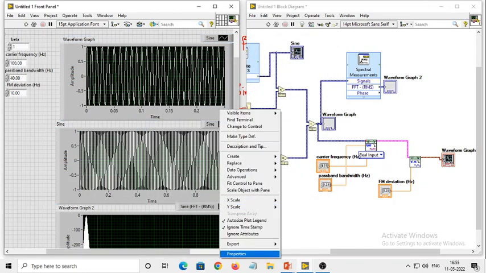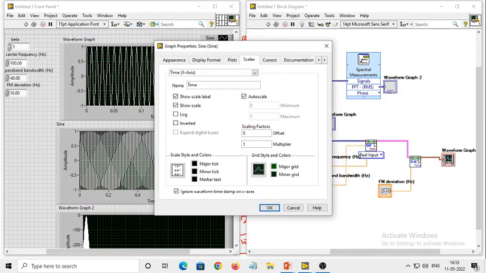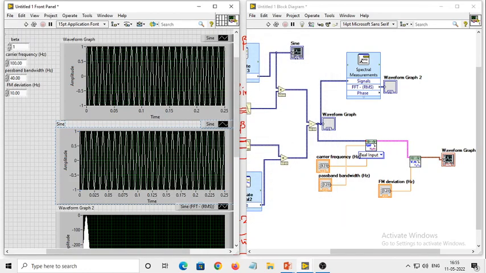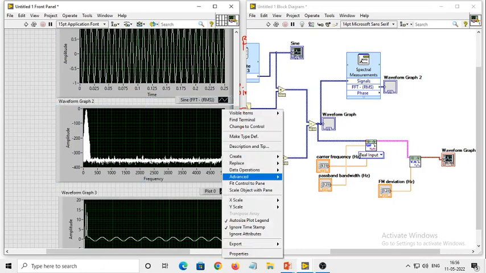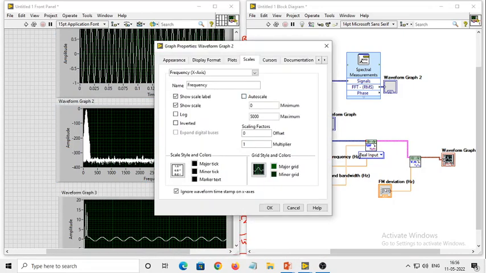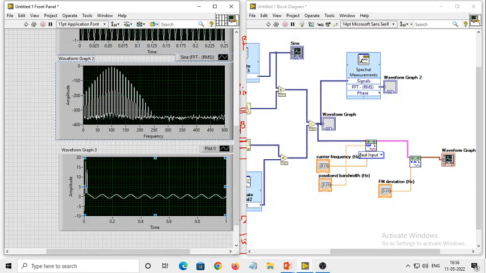Similarly you can do this for the other waveforms, so that you can have a fixed scale whenever you run the LabVIEW block, okay. So this helps us in having a fixed scale. Go to properties, so this I am giving as 500, press OK.